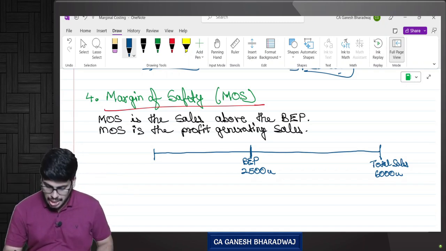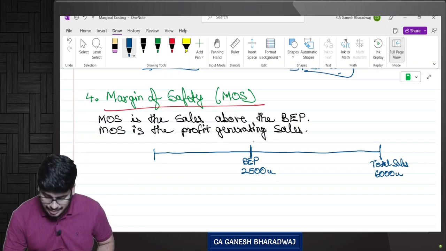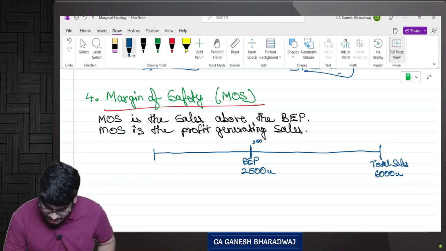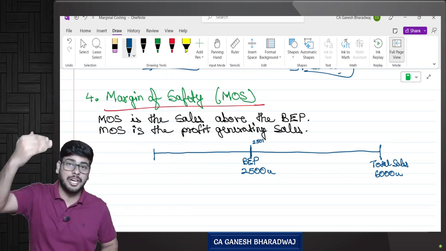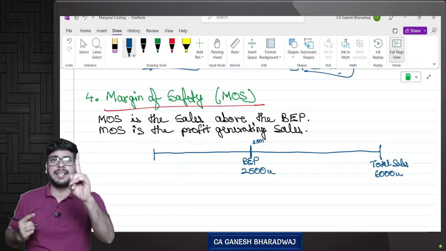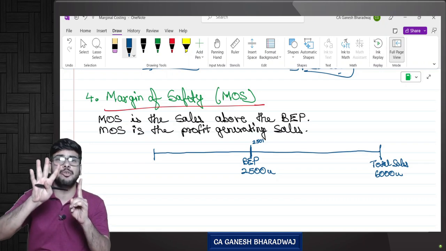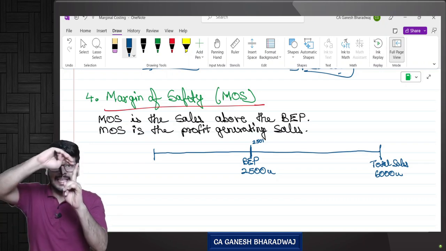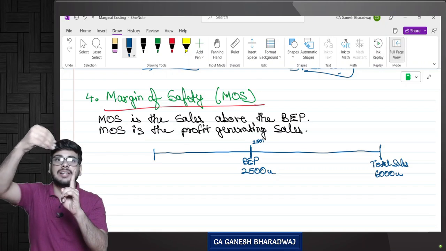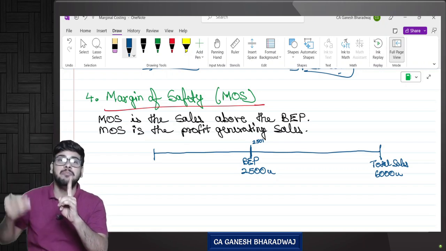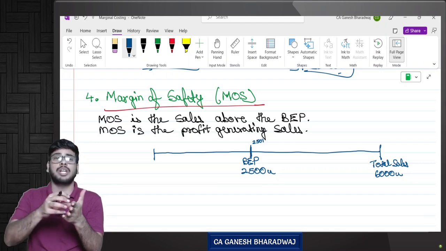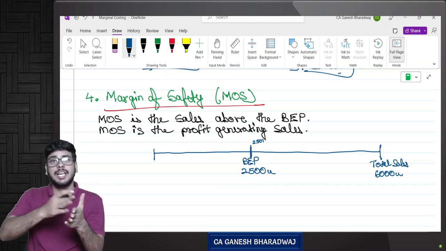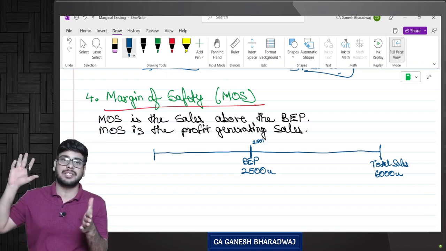Correct or not? Now let us say I am selling the 2,501st unit. The next unit I am producing and selling over and above the 2,500 units, that extra 1 unit will generate a contribution of 4 rupees. Correct? And this extra 4 rupees will directly go towards my profit generation. Why? Because the first 2,500 units, whatever contribution they generated, have already recovered the entire fixed cost.